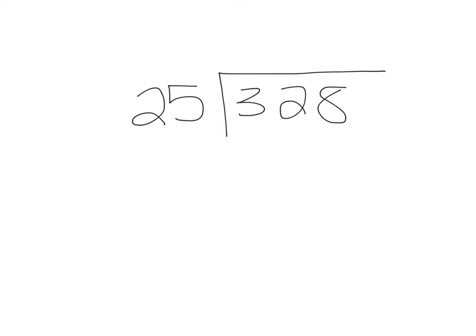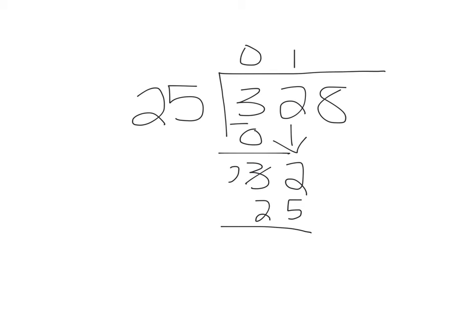Here's a little more difficult multi-digit division. So I have 25. Cannot go into 3, so it's a 0. I'm left with 3. Bring down the 2. 25 can go into 32 one time. 1 times 25 is 25.